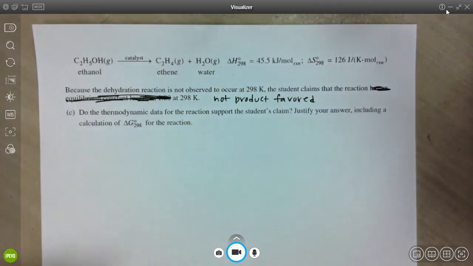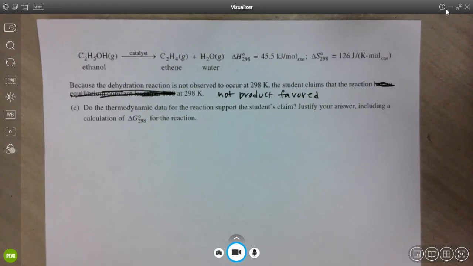So we'll say that the student claims the reaction is not product favored. Do the thermodynamic data support the student's claim? Justify your answer, including a calculation.